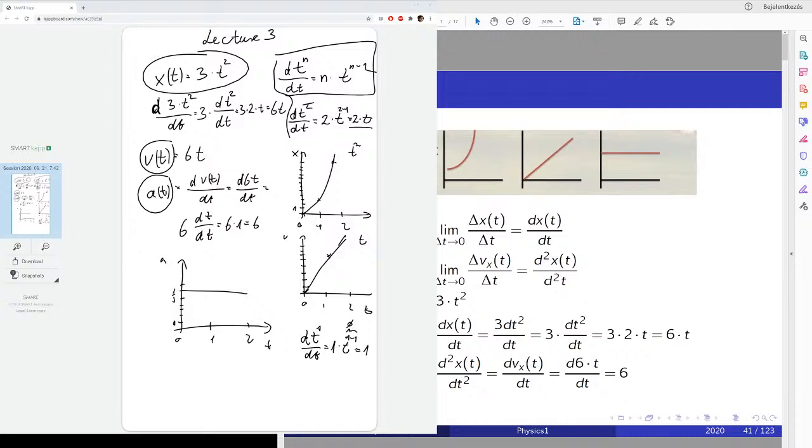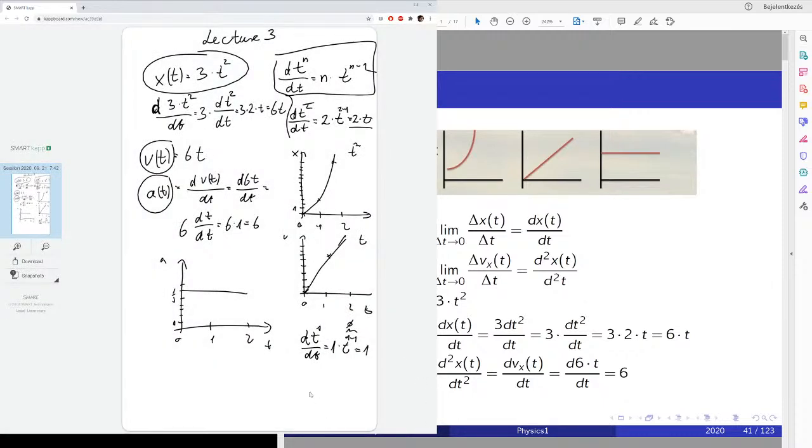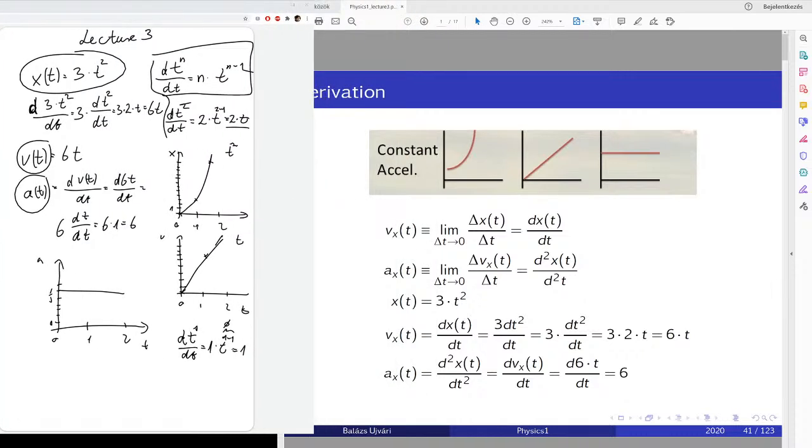Please somebody send me a message in the Discord that you can see it. And if you can see it, you can download it and have this table as PDF or as image. So it's up to you. Now since I made a photo, I can clear the table and we can continue with the presentation.